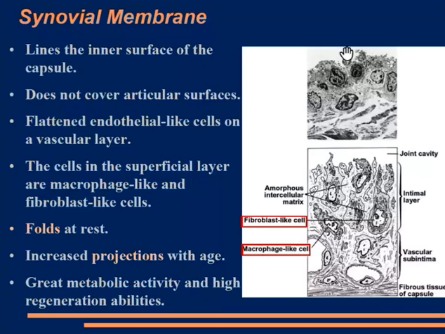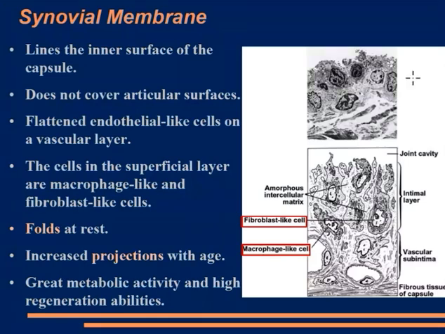It is lined by the synovial membrane. Obviously we don't have covering of the articular surfaces because they are rapidly worn away. We have rapid turnover for wearing of the articular surfaces.